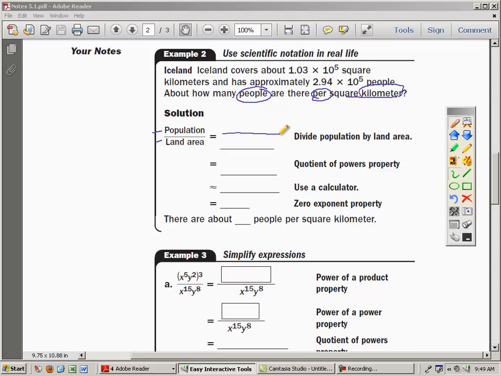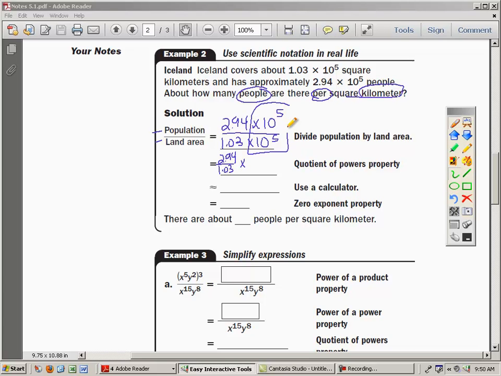So you want population over land area. Your population is 2.94 times 10 to the 5th, over 1.03 times 10 to the 5th. The quotient of powers property says this is going to become simply 2.94 over 1.03. We'll deal with that in a second.